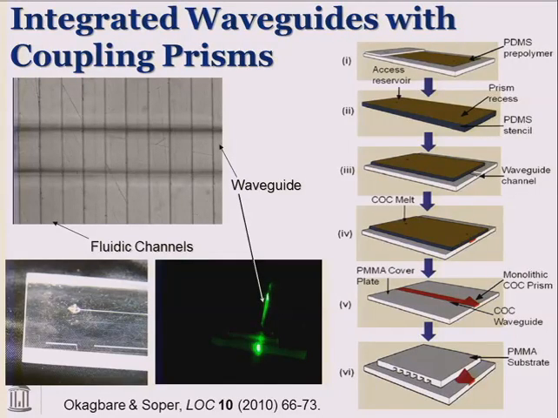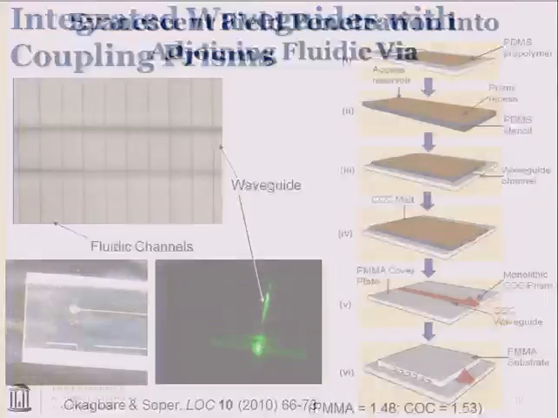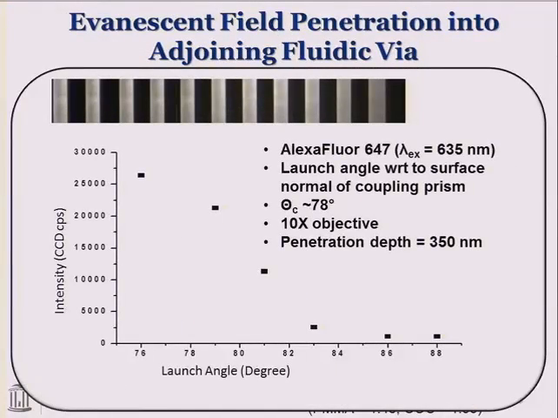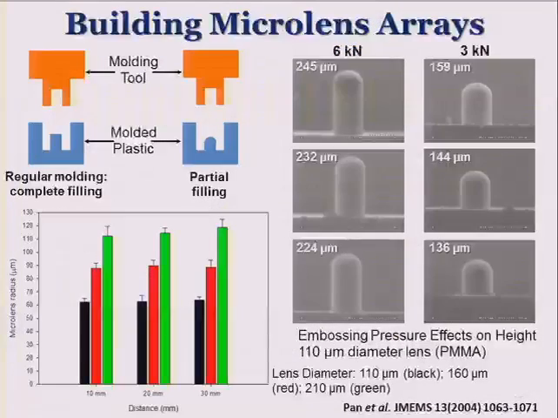Because of that, the light propagation will be pretty much confined to this waveguide. And this just shows you an example of that. Of course, the amount of light leakage into that adjoining solution depends intimately on the launch angle, and you typically want to do this very close to the critical angle of PMMA and COC in this particular example.